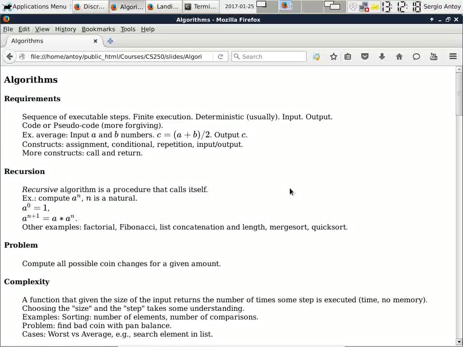So a string can be empty, which corresponds to the 0 of the number, or can be one character and a string, which is like before. If I have a number which is not a 0, is 1 and a number. You see the similarity between the two?